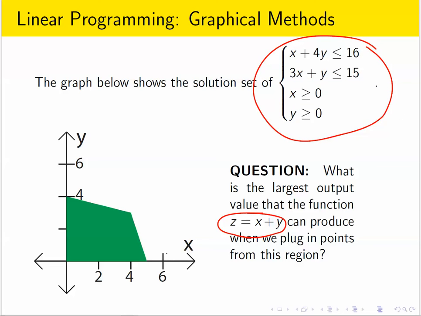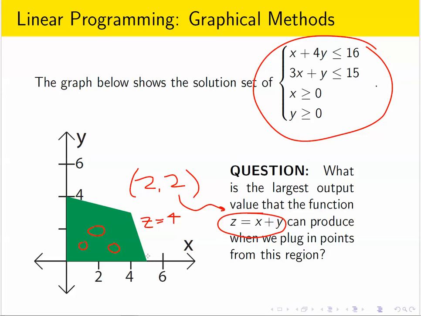So, for example, the point (2, 2) is in this region. So I'm allowed to plug that point into this function, and I can get an output of z equals 4 at that position. There are other points I could plug in as well: (1, 1), (3, 1).